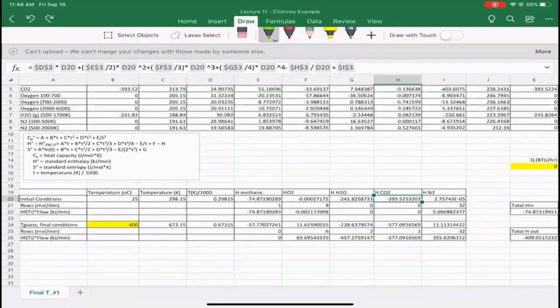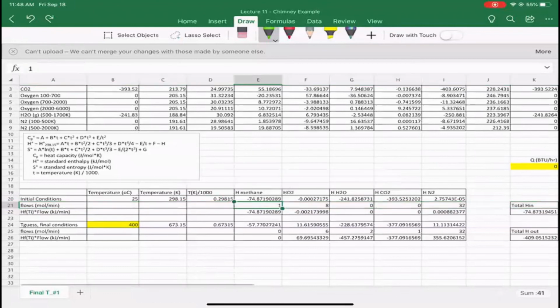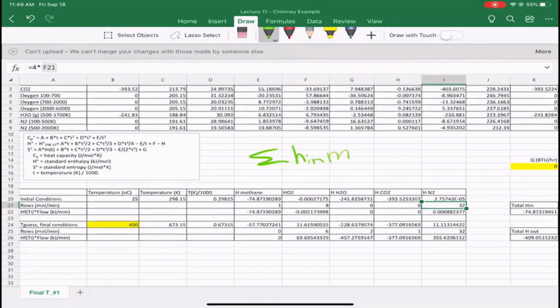All right, the second row here is the flows. Remember, we chose a basis of methane equal to 1 mole per minute, and then oxygen was 8, nitrogen was 32, and everything else was 0. In our energy balance, we then have these terms that are the sum of H in m dot in.